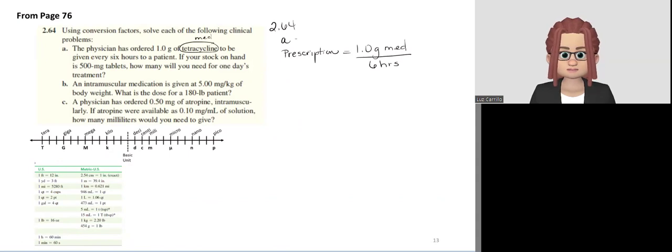Then it says that specifically we have your stock, meaning your clinical factor, is specifically 1 tablet equals 500 milligrams of the medication.